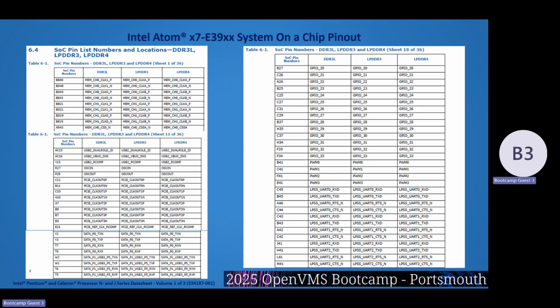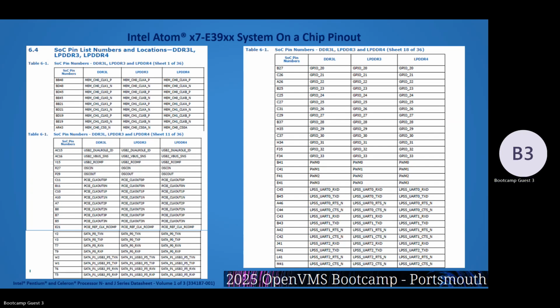Here you have the pinouts for USB connectors, a few of the PCIe connectors. Here's the SATA controller. Here are the SATA data ports. Over here, you have analog input and output devices, a fun little gizmo called the PWM, and I'll show you what that is, and up to 4 PCIe compatible UARTs.